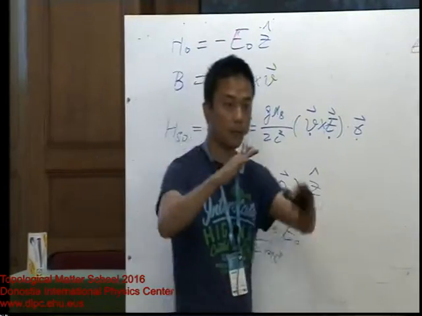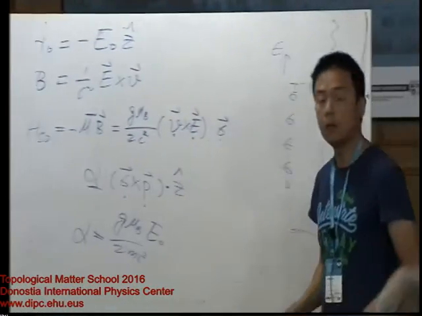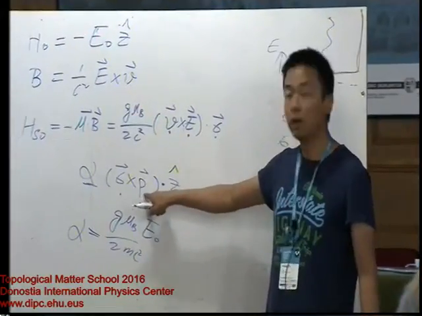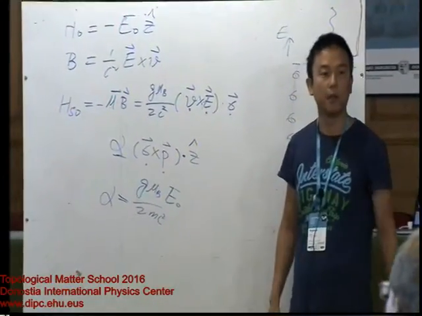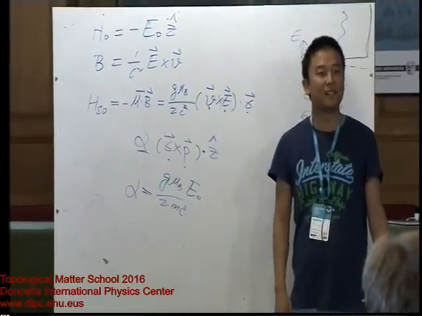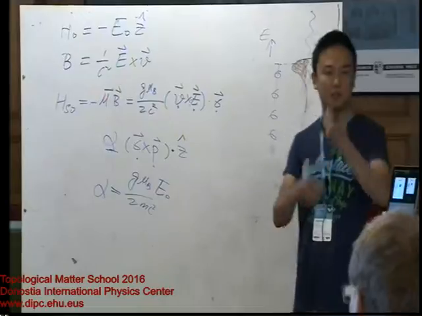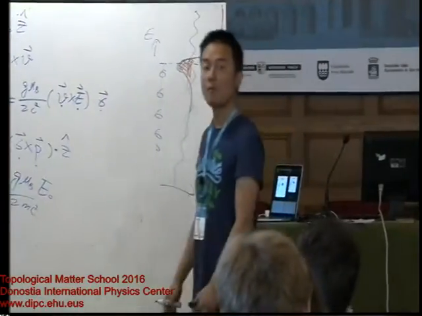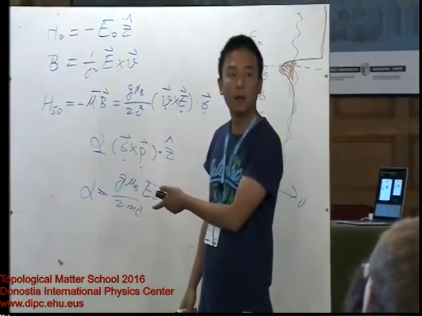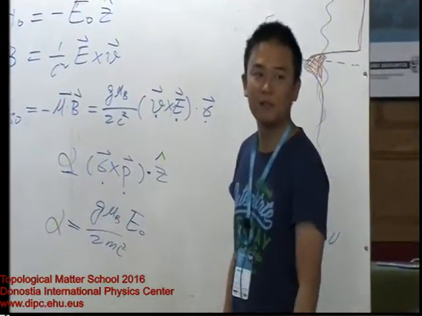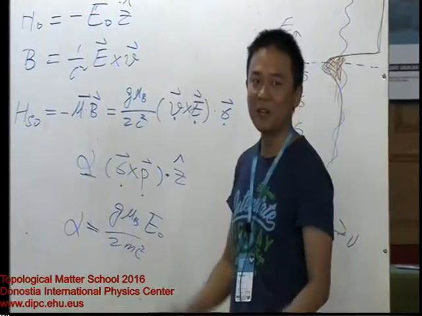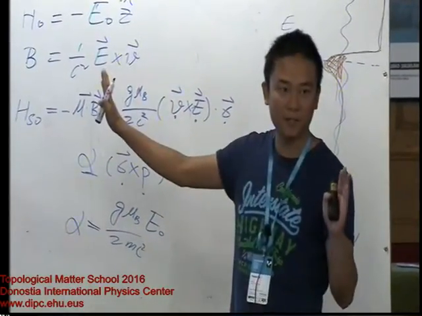When you go from V to P, you just write P equal to MV. That's why you get the M term here. And then when you go to K space, you put V equal to h-bar K over M. Just as you like. Here we just assume a parabolic band.